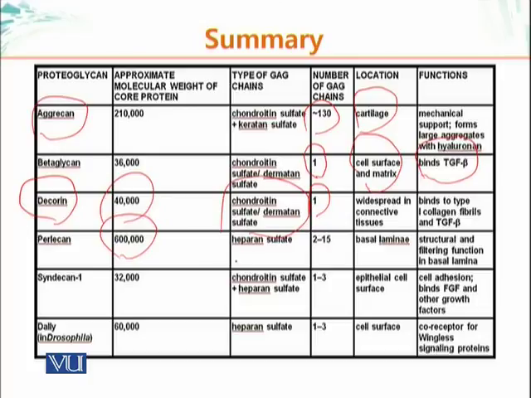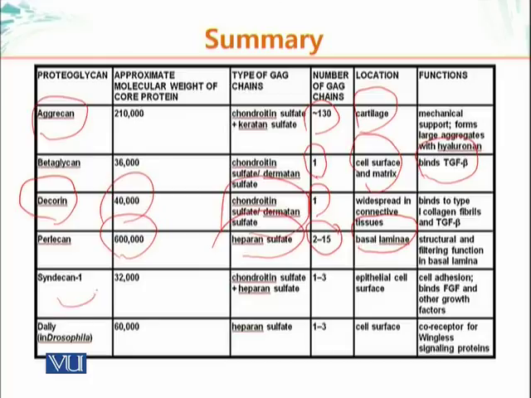The type of GAG attached to this molecule is heparan sulfate, and the number of GAG chains is 2 to 15. As I mentioned, it is in the basal lamina. The other word for basal lamina is basement membrane. Its functions are structural, of course, and also filtering, which is especially relevant in the kidney, for example.